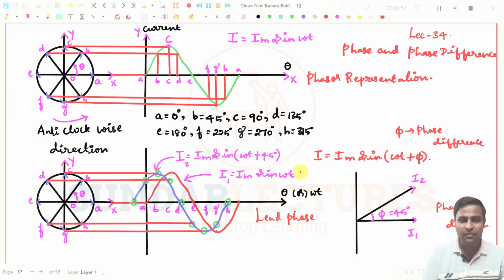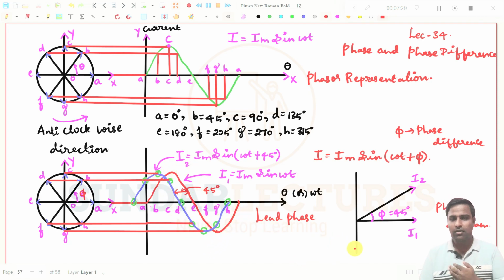What is the difference between these two? This is nothing but 45 degrees. Here you see this value is pi, so this angle is 45 degrees. So you can represent the phasors like this.